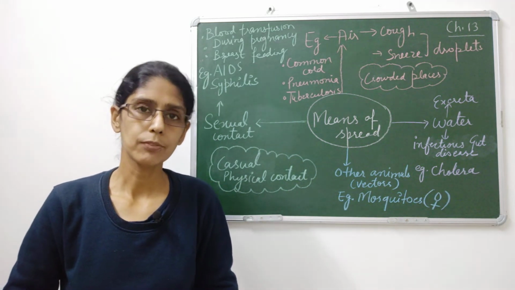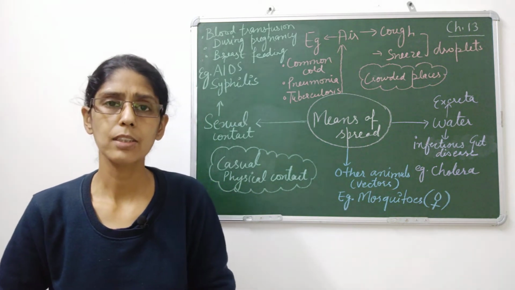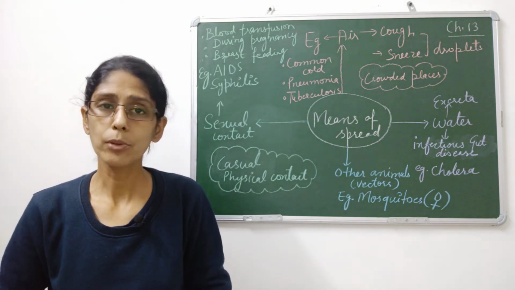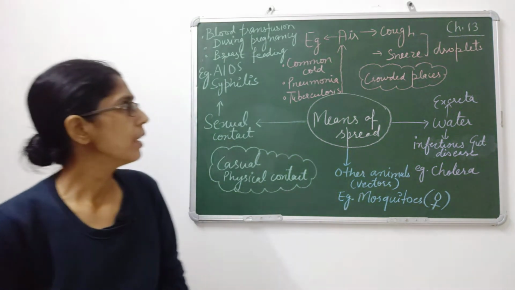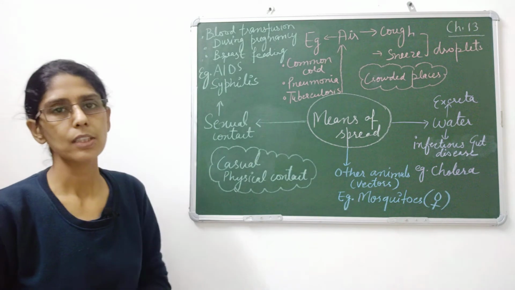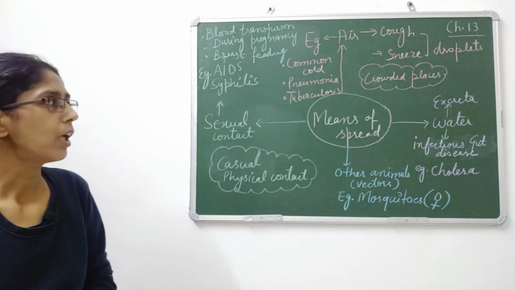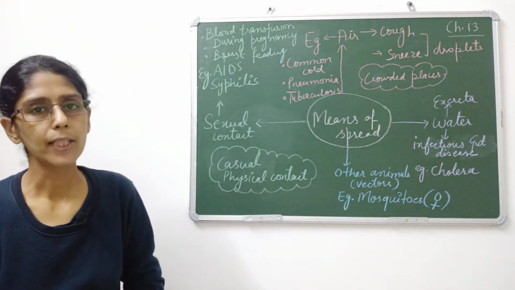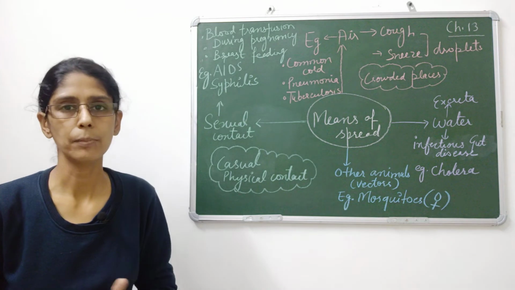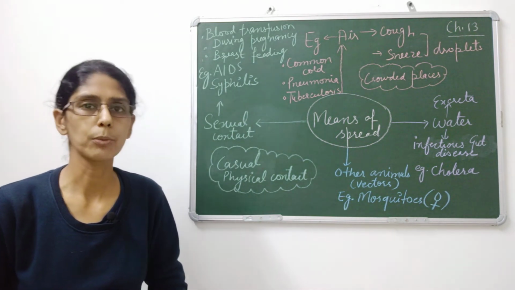So from this we can conclude that small droplets spread more, that means they are more dangerous as compared to the large droplets. Examples of diseases that spread through air, or airborne diseases, are common cold, pneumonia and tuberculosis.